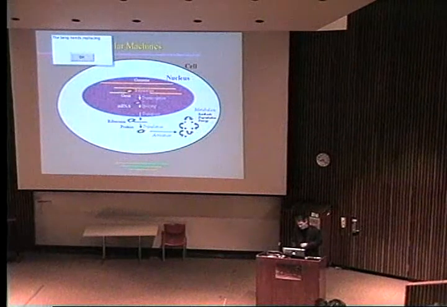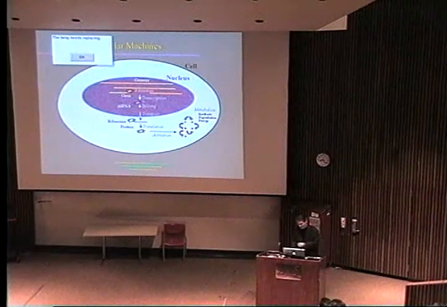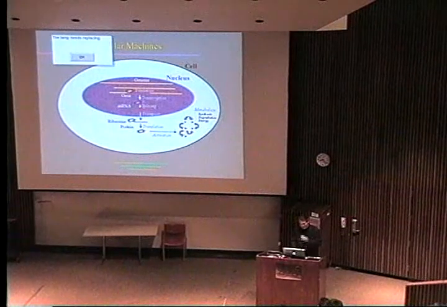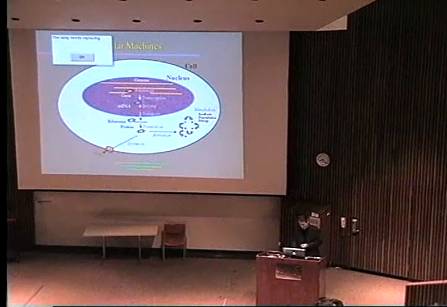Oftentimes these proteins need to be clipped by other proteins to be activated, where they then serve in metabolic roles in terms of synthesizing molecules, degrading old molecules, and creating energy to make the whole system run.